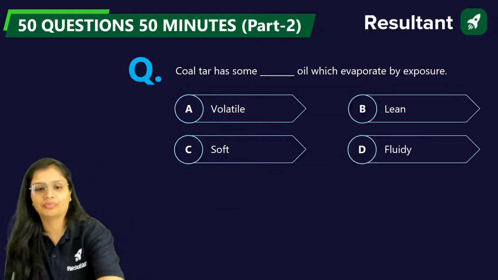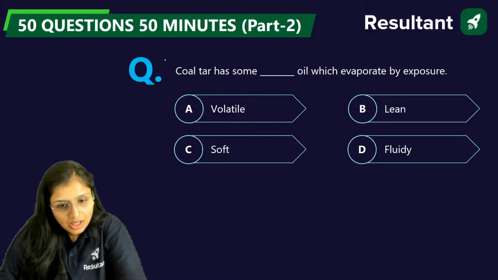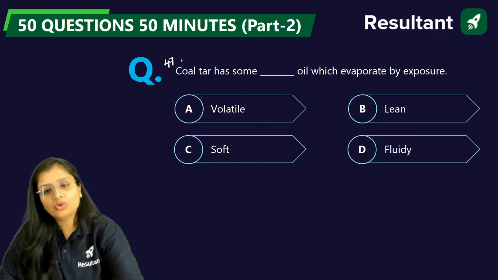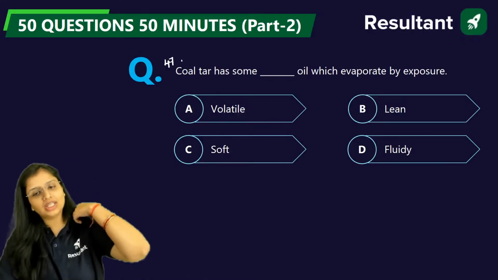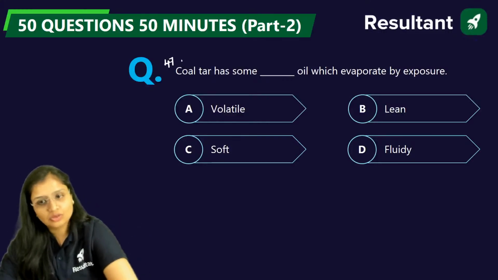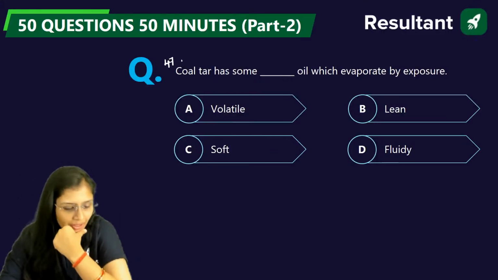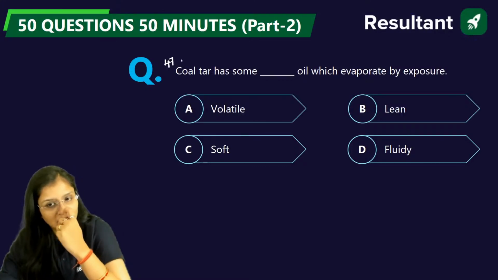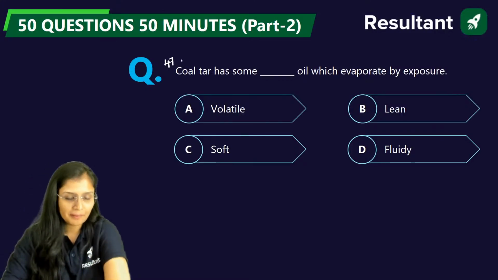Okay, 47. What is there in coal tar? Coal tar has some dash oil, so if you expose it, it will evaporate. Which dash evaporates by exposure? Come on, quick.